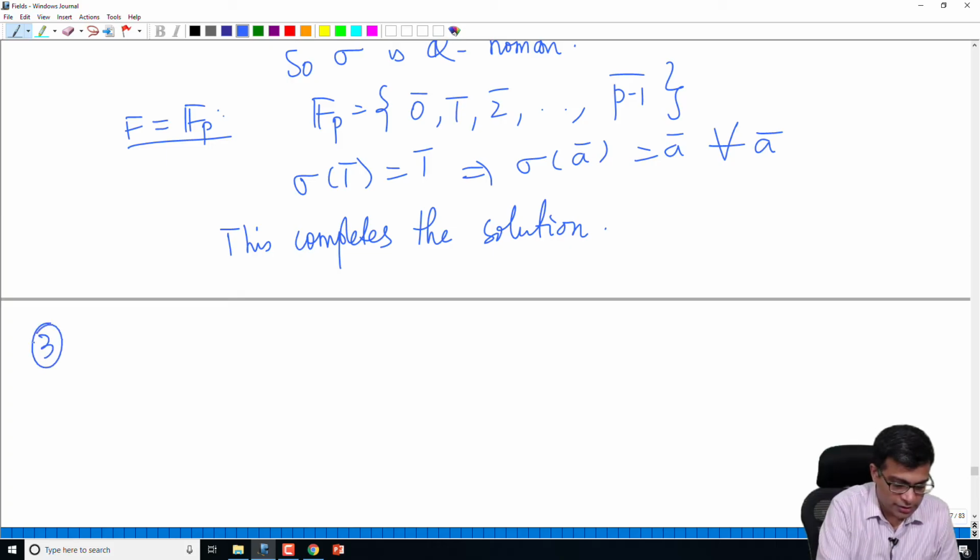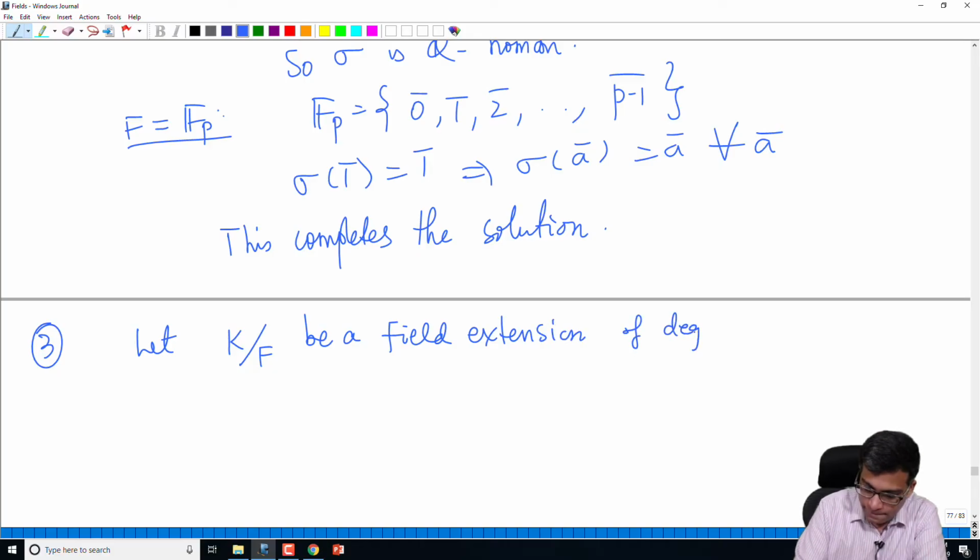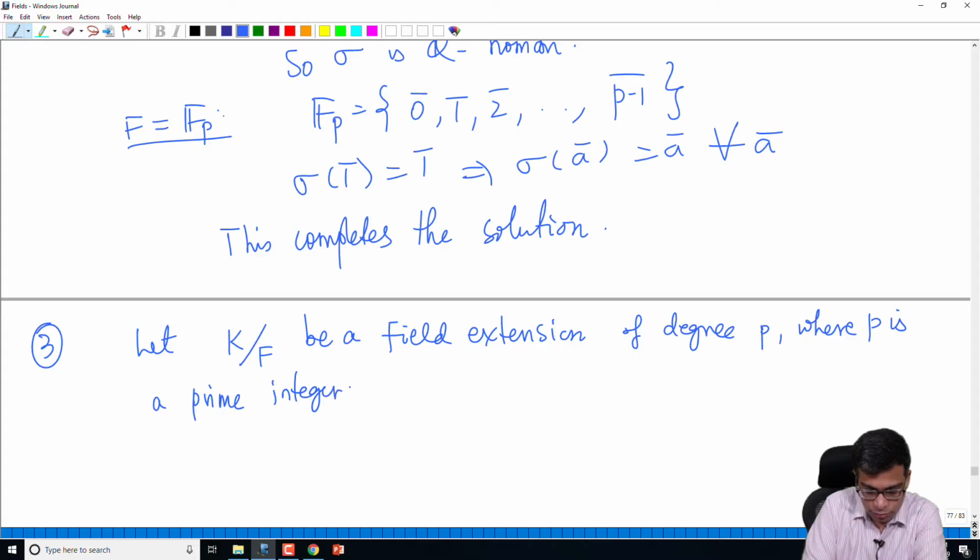Okay, so the third exercise, which is also very simple. Let K over F be a field extension of degree p where p is a prime integer. Then there are no intermediate fields.